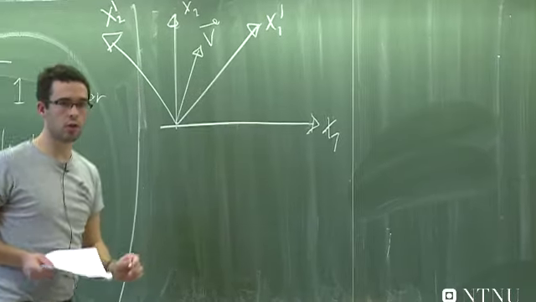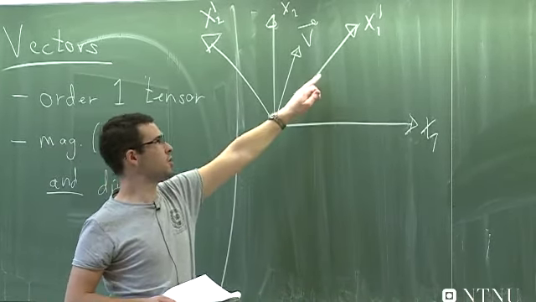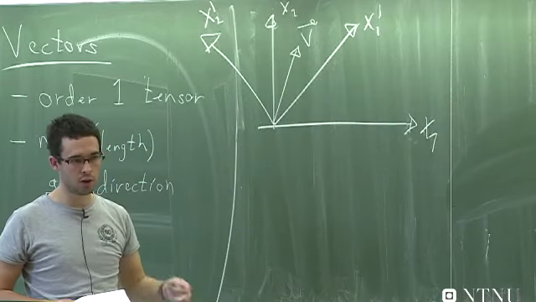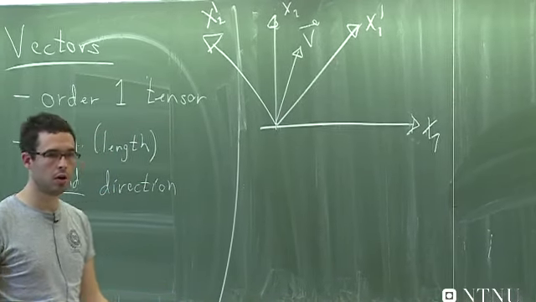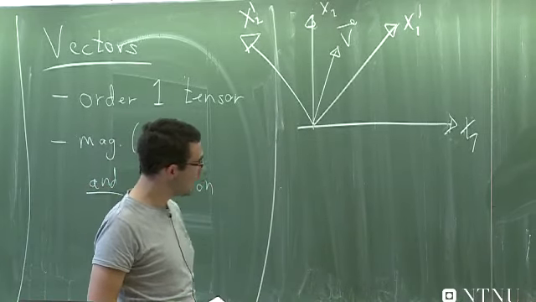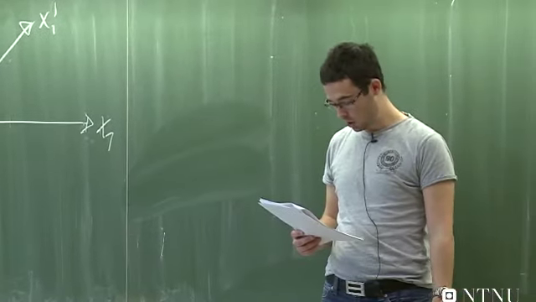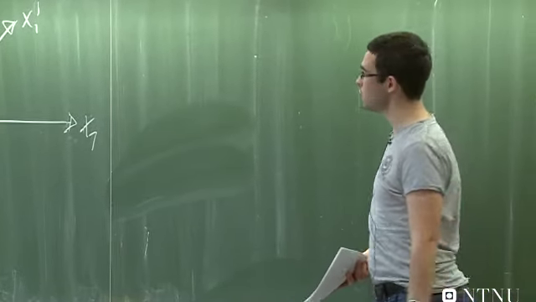If I have a vector v in coordinate system unprimed, it's going to look different when I change to the primed coordinate system, but the vector is of course still going to be the same. We'll get back to the details. This figure illustrates that.